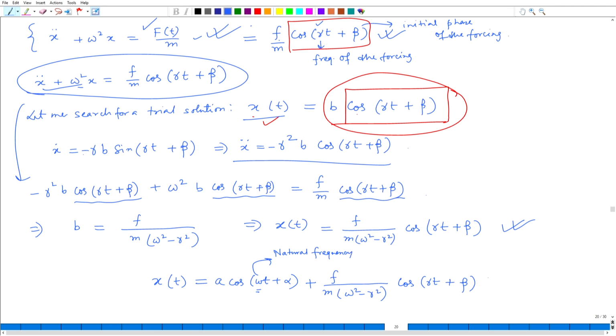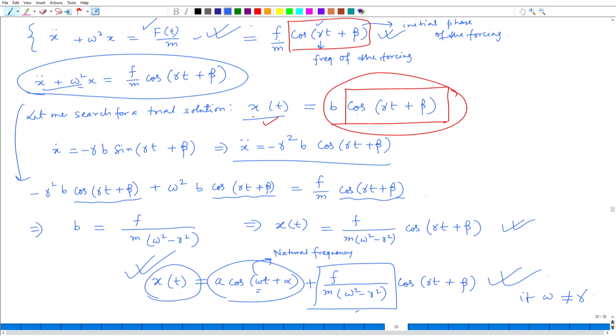Now, everything is very good, the only problem is caused when omega is equal to gamma. This is a superb equation if omega is not equal to gamma. For omega equal to gamma, you will see that the second term on the right hand side is blowing up, but you know that this term will not blow up and this term will also not blow up. Otherwise there is a problem.